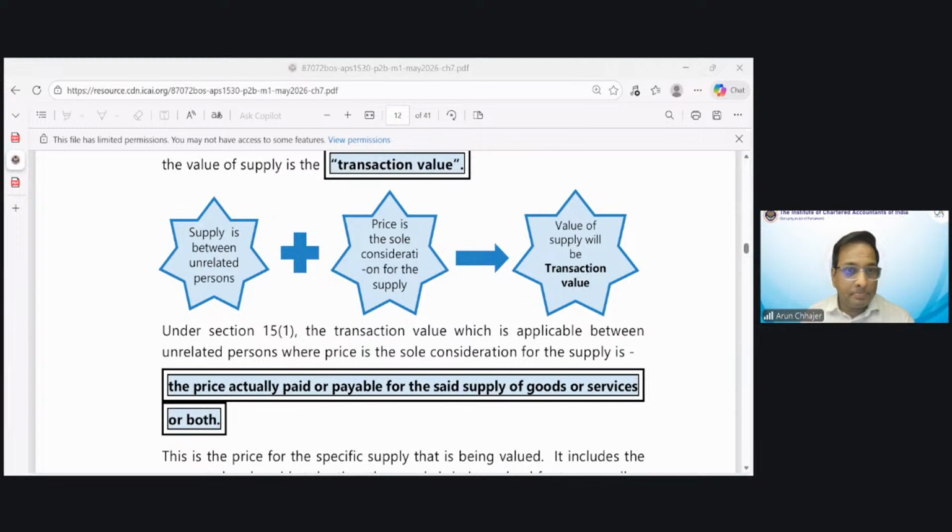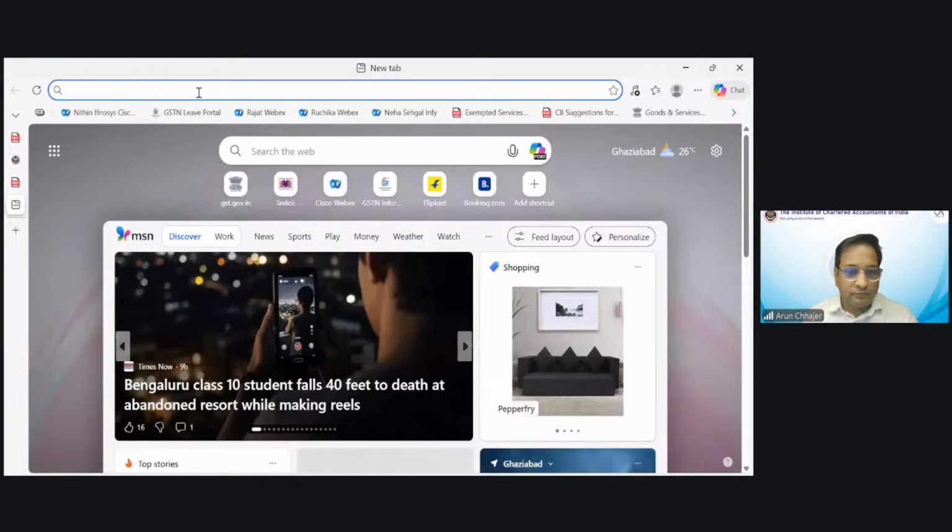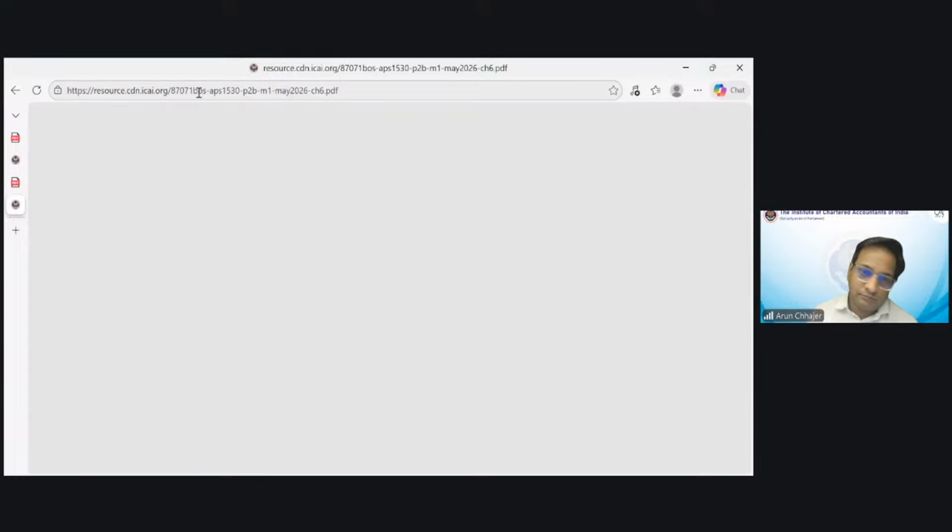Sir, actually, you were asking where it is written in the study material that it is irrelevant. It is page number 6.12. I will open it. Yes, sir. There it is written that it excepts composition scheme.